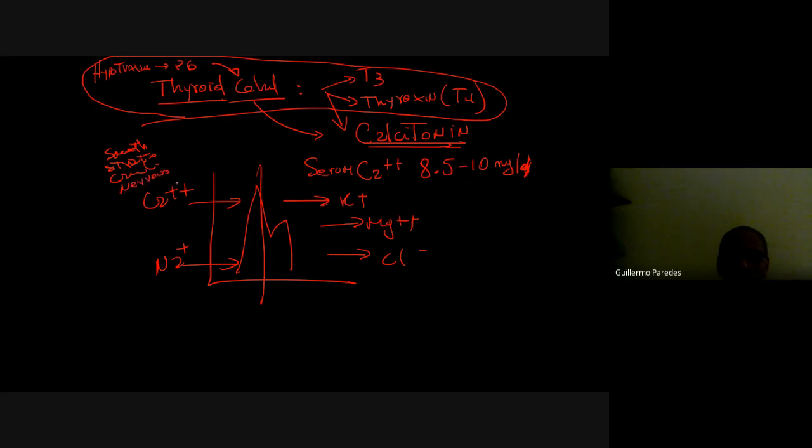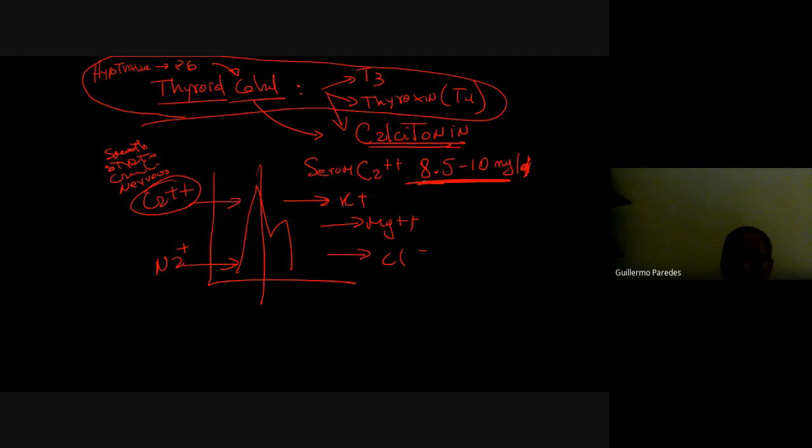So we need calcium for that. In order for smooth, striated, cardiac, and nervous system function to occur normally, you need to have this range, 8.5 to 10 milligrams per deciliter.